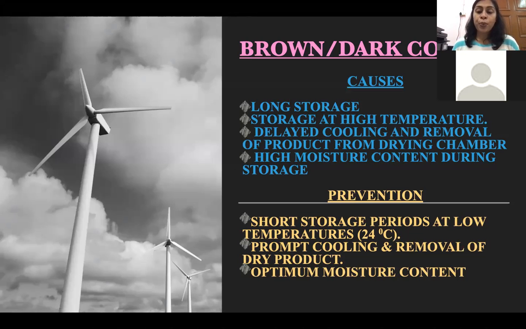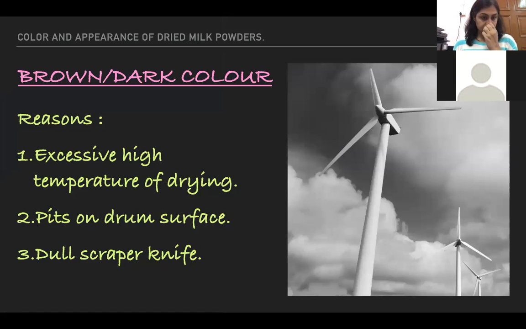That is by proper storage of the product at 24 degrees centigrade, prompt cooling of the product and removal from the drying chamber, and optimum moisture content. The moisture content should not be too high, otherwise browning and darkening will increase. Clear?